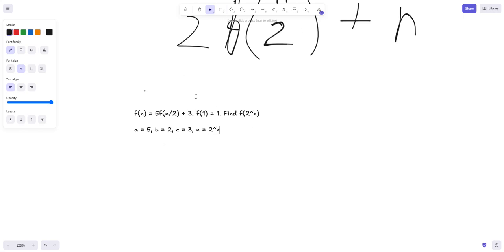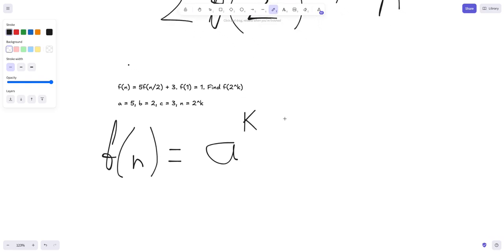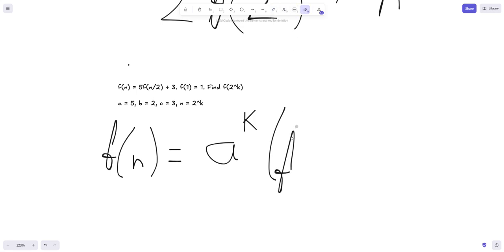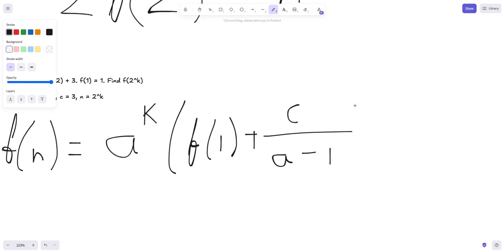And so immediately let's start marking off. We have a is equal to 5, b is equal to 2, c is equal to 3, and we're told to find where n is equal to 2 to the power k. So we keep this in the form of the equation that we had before, and this becomes f of n is equal to a to the k times f of 1 plus c divided by a minus 1, minus c divided by a minus 1.